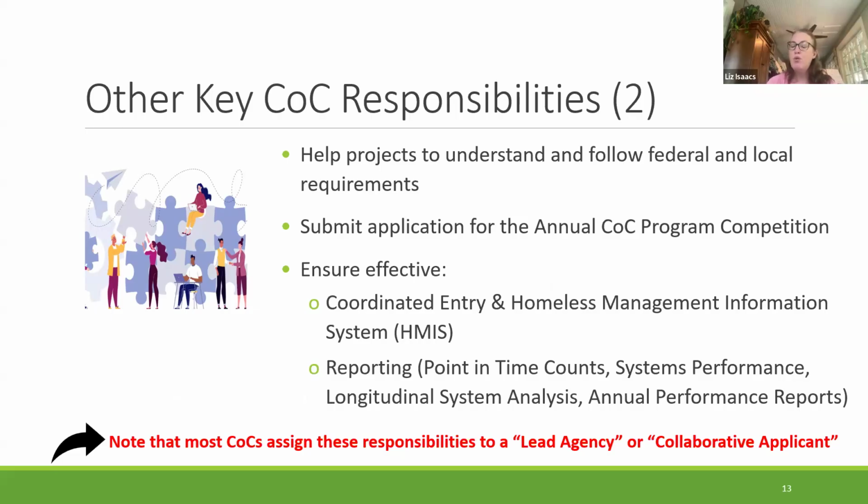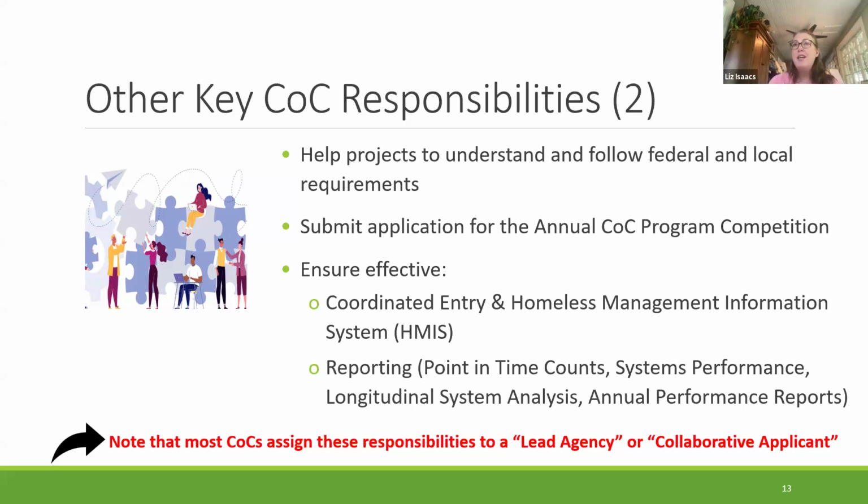HUD has a lot of rules, and some of them make a lot of sense, and some of them you got to look up and you really have to pay attention to get right. And we always want to make sure, first and foremost, that folks are being served properly. But then somewhere down the line, we can't serve them properly if we lose our money because we aren't in compliance.